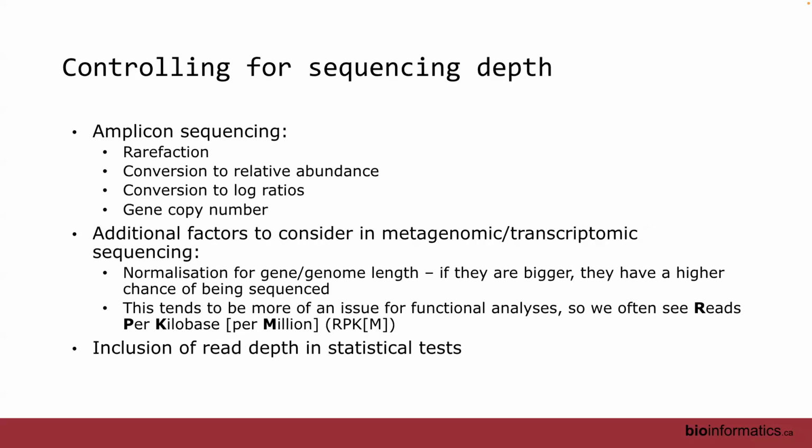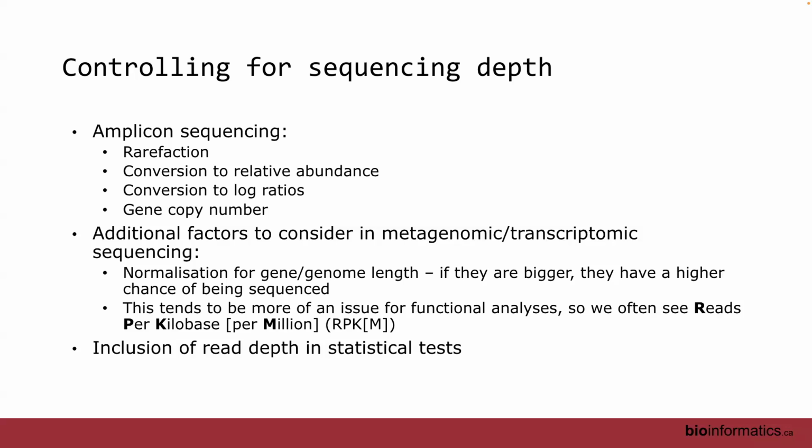In amplicon sequencing, we have methods to get around this. We often use rarefaction, conversion to relative abundance, conversion to log ratios, and we sometimes want to take into account gene copy number variations. But when we're looking at metagenomic or metatranscriptomic data, we often want to normalize for gene or genome length as well.